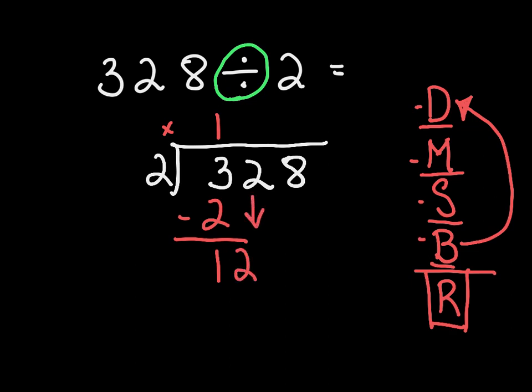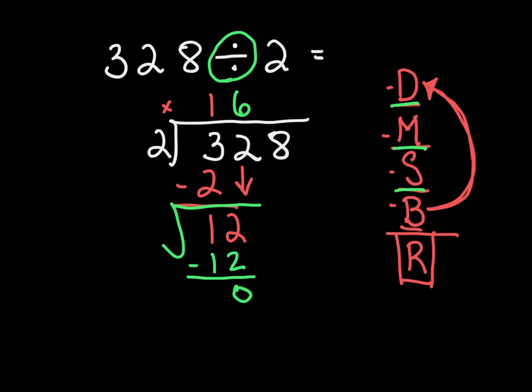After we bring down, because there are more numbers, we need to go back to dear old dad, and he tells us, you need to divide. So 2 goes into 12 6 times. 6 times 2 is 12. After we divided, we use mom, multiplication. Now sister tells us to subtract, and we get 0.